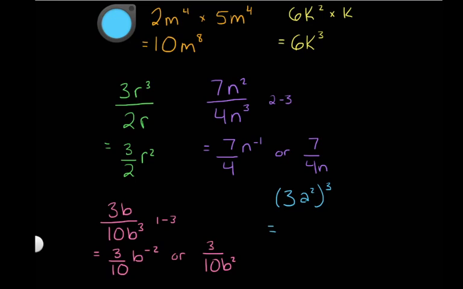So 3 times 3 is going to be 27. Now I look at my exponents. So I'm going to keep this same variable of a. When I have powers, I have to multiply, right? So 2 times 3 is 6, so that means 27a to the power of 6.